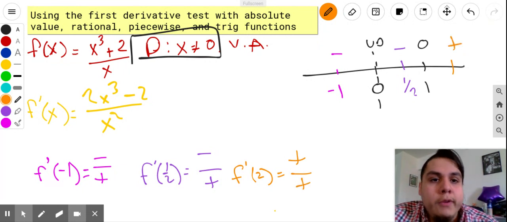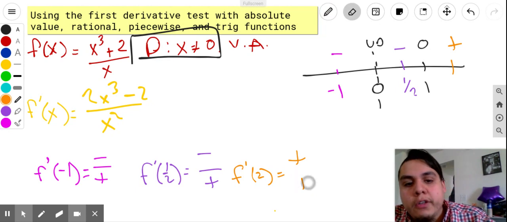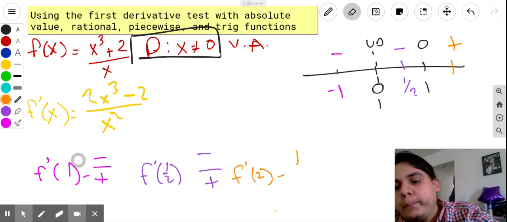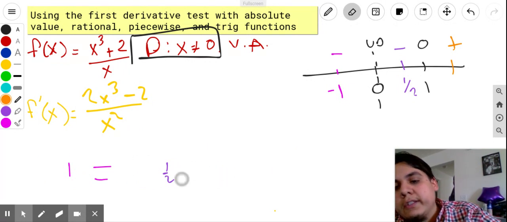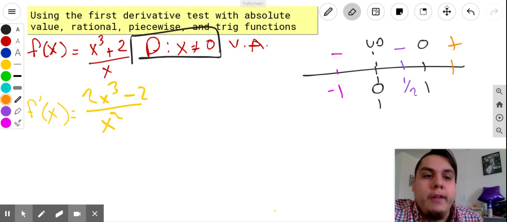Okay. So now based off my work, I'm ready to summarize some of my conclusions in terms of the intervals that are increasing, decreasing, as well as the extrema that I have. So here's what we have.